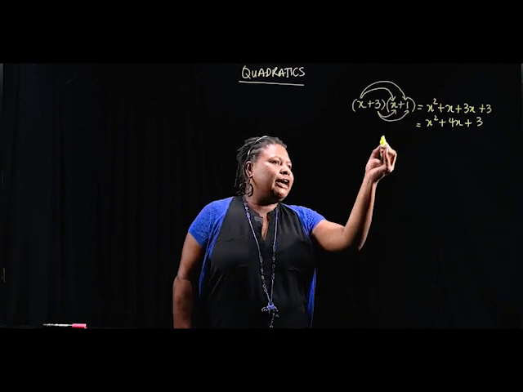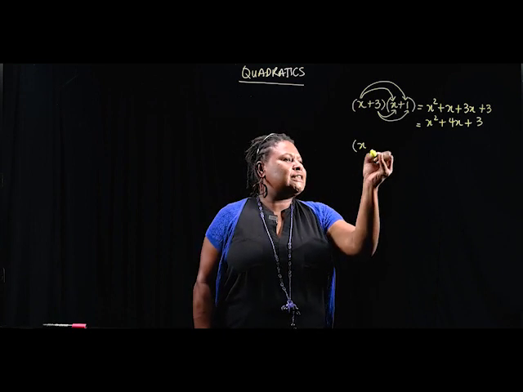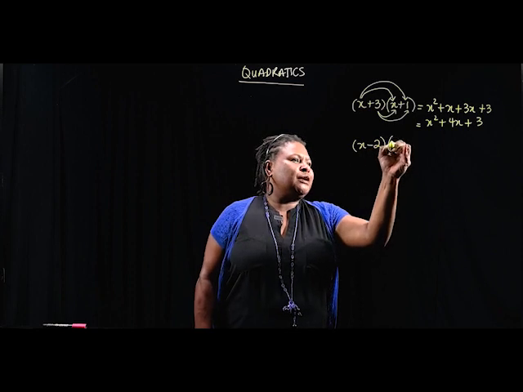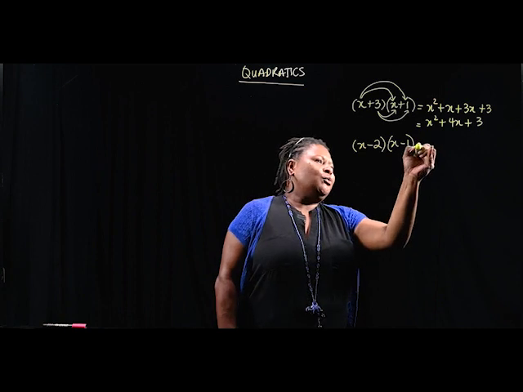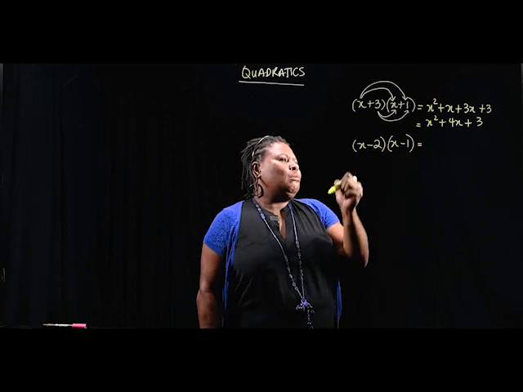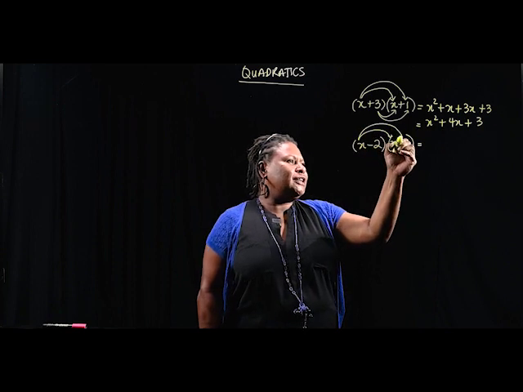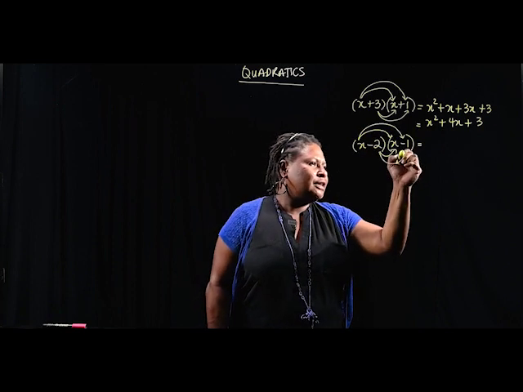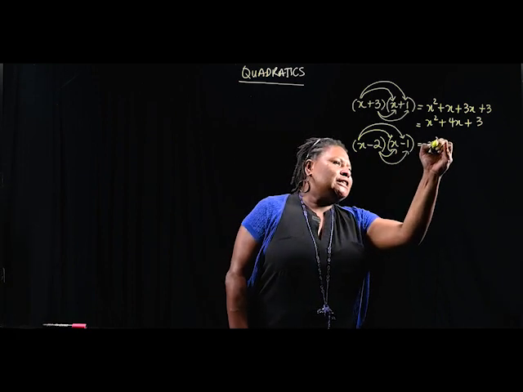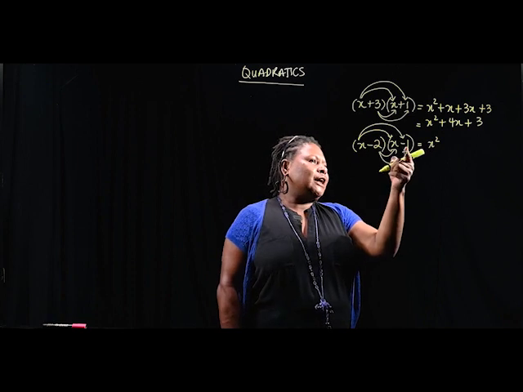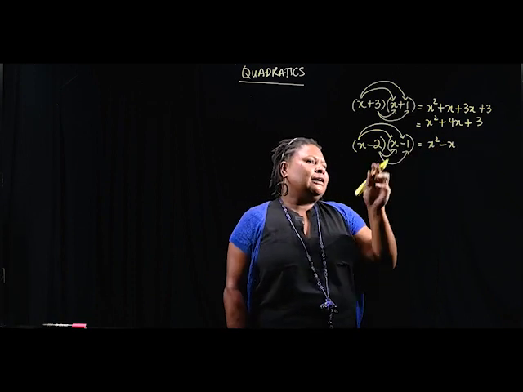Now you will notice that both these expressions are positive. We can also have linear expressions that are negative. So x minus 2 times x minus 1. We will use the same method here. Multiply each term in the first bracket by each term in the second bracket. x times x is x squared. x times negative 1 gives us negative x.